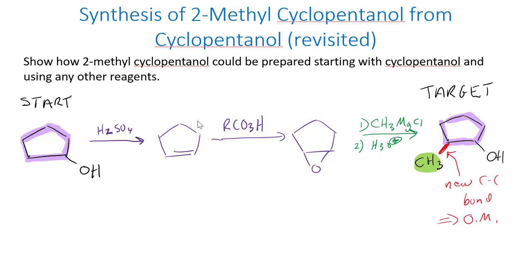And that would involve, rather than making the epoxide to react with the organometallic, making the oxygen in the initial alcohol into an electrophile, specifically a ketone. Let's take a look at that.